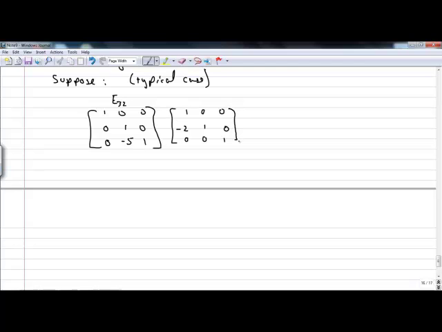And in this case, just suppose we didn't need an E21 or E31. Suppose E31 is the identity. And this would happen if, when we do the elimination of the 2-1 position, we already have a 0 in the 3-1 position. Okay, well, if we take this product, this is what we get.